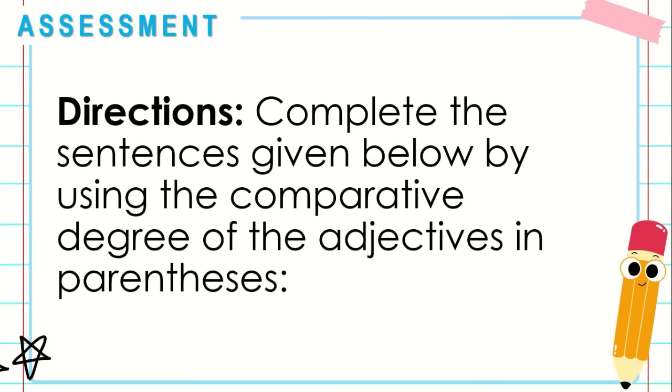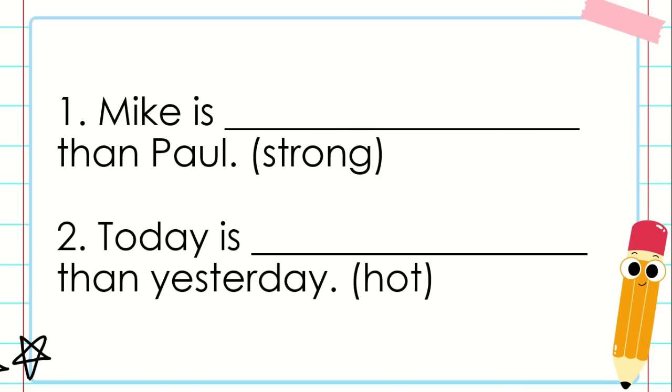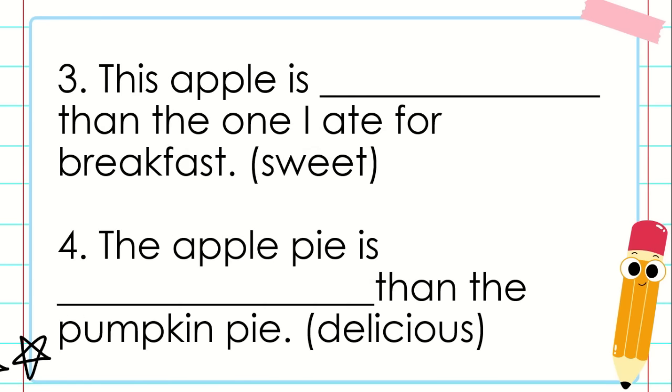Complete the sentences given below by using the comparative degree of the adjectives in parentheses. Number 1. Mike is blank than Paul. The adjective is strong. Number 2. Today is blank than yesterday. The adjective is hot. Number 3.